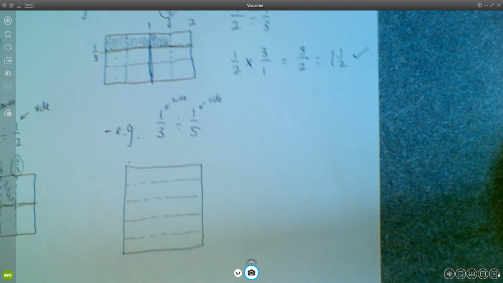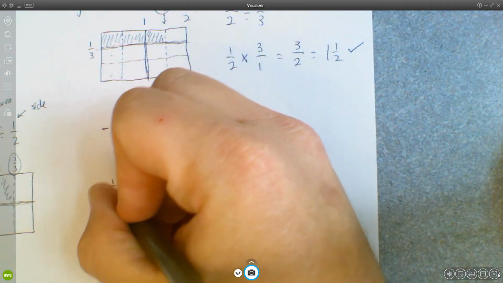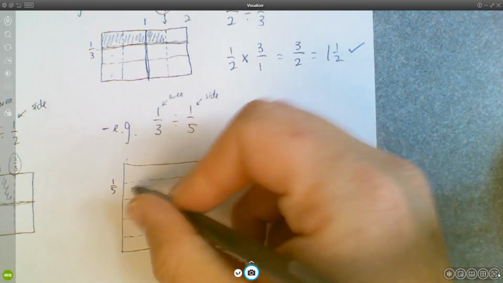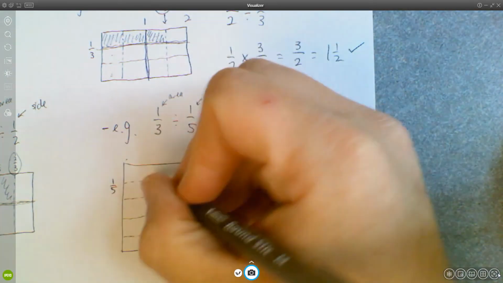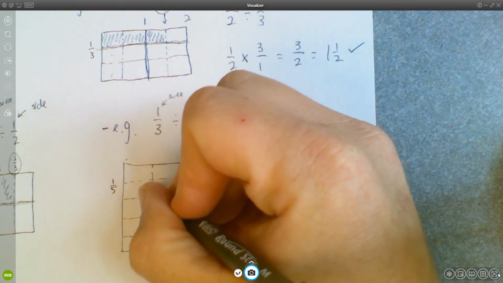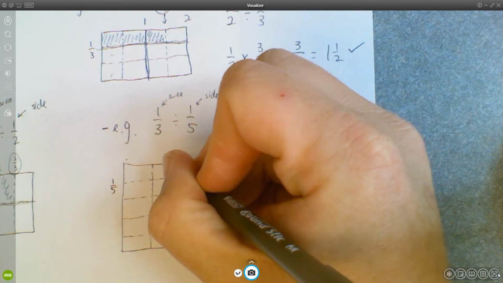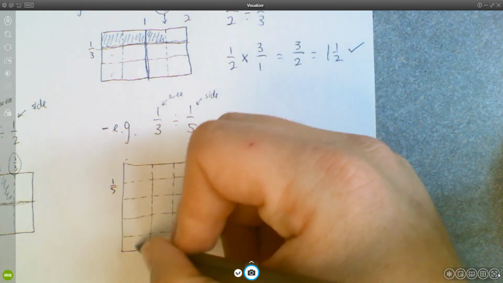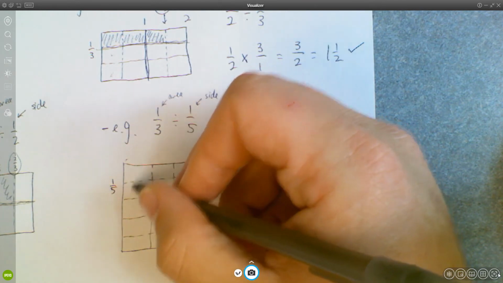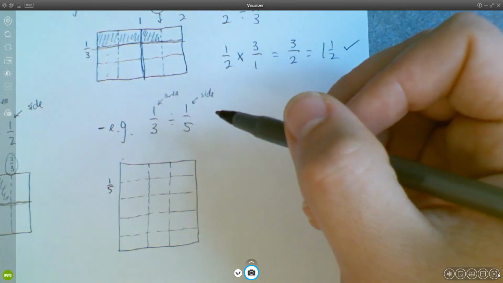Okay, so 1/5 obviously would be just that first mark right there. Now I'm trying to make an area of 1/3. Okay, so I'm going to split this vertically into thirds, because that way I can see that 1/3 of 1 unit is going to equal 1, 2, 3, 4, 5 of these little pieces.